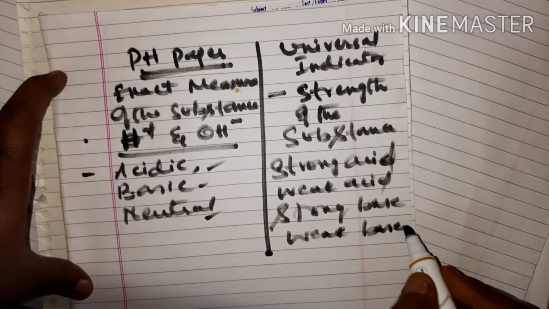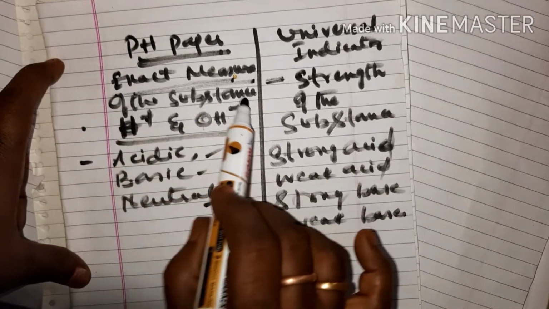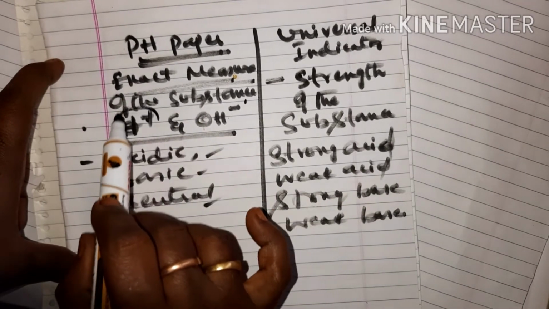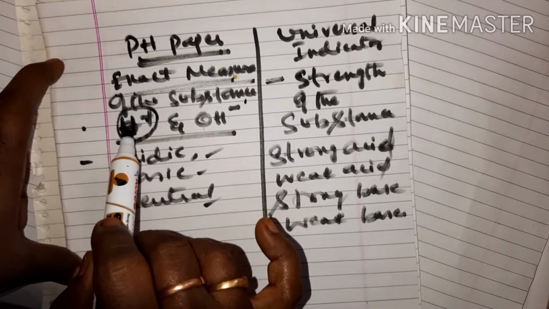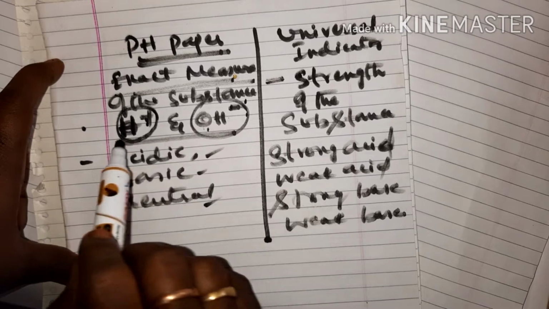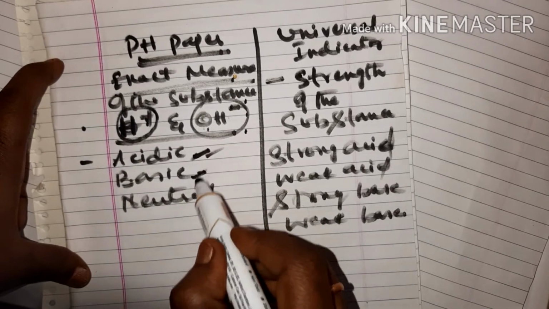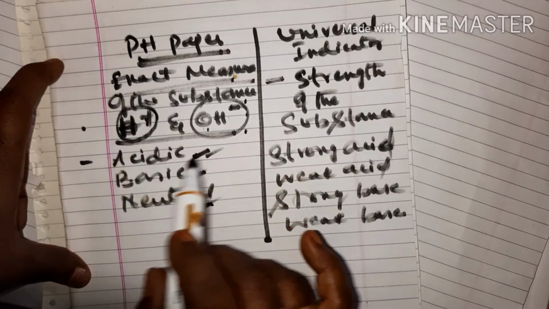You all understood, children? So what is pH paper? It gives the exact measure of the substance, based on the concentration of H plus ions and OH minus ions. Based on that, it will tell us whether a substance is acidic, basic or neutral. That is called pH paper.